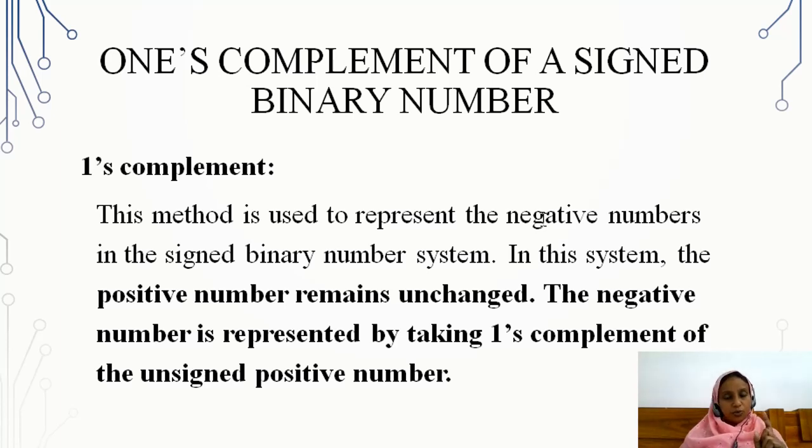Remember what we have to do. The positive number remains unchanged, but in the case of a negative number, it is represented by the one's complement of the unsigned positive number.